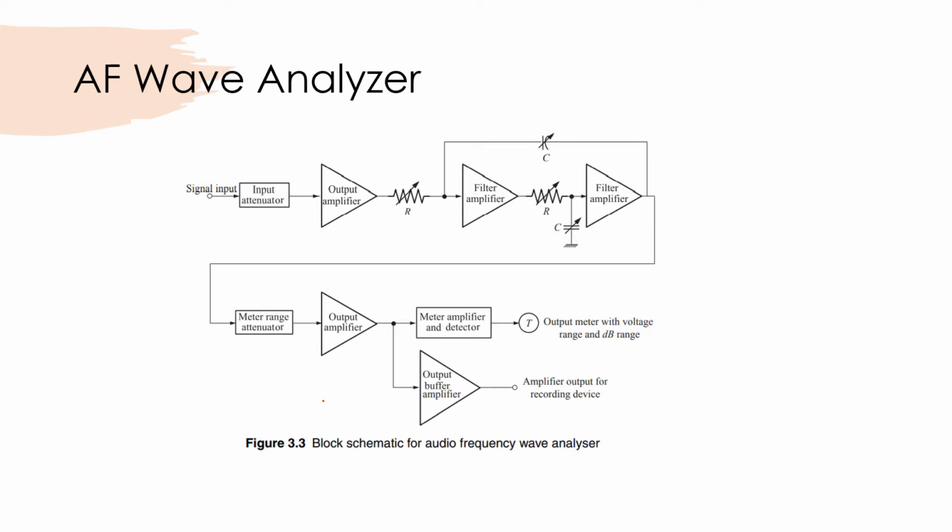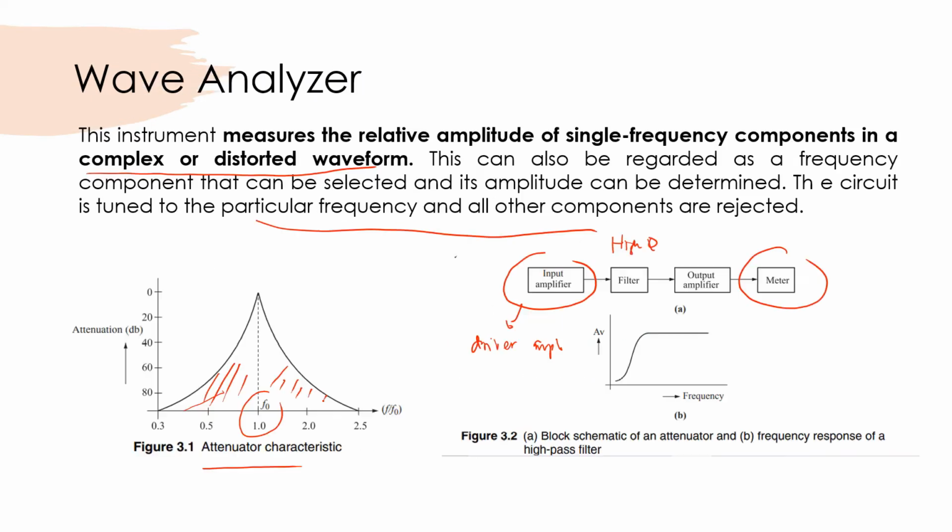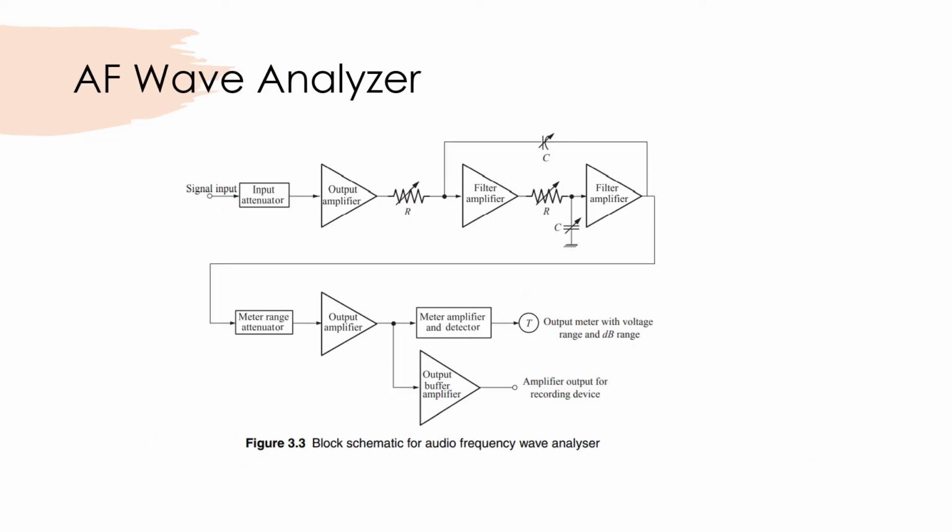This is the frequency response of the high pass filter, and then the instrument number 2 is the AF wave analyzer.